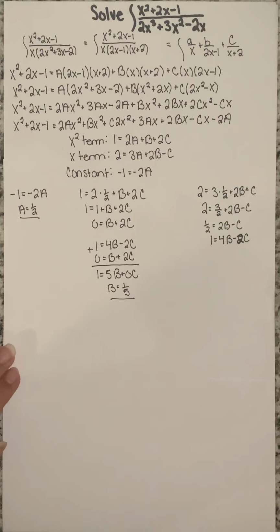Now that we have our a and b, we can plug both 1/2 for a and 1/5 for b into our x squared term equation, and by using algebra, we can solve for c.